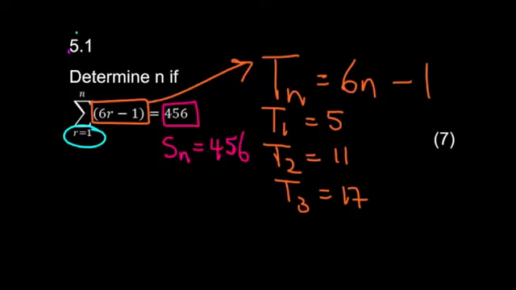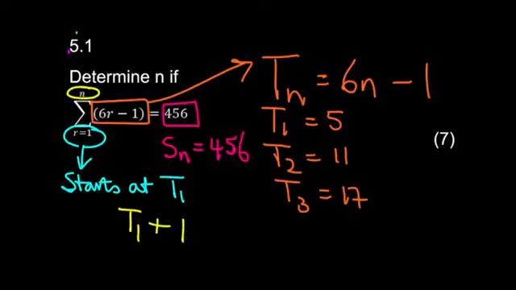So this is where my sequence begins. My sequence starts at T1. And where does it end? It will end there. So it looks like this: T1 plus T2 plus T3 plus all the way to Tn.